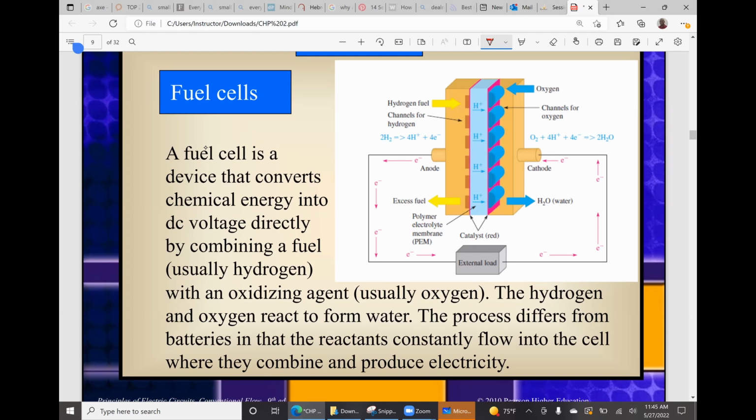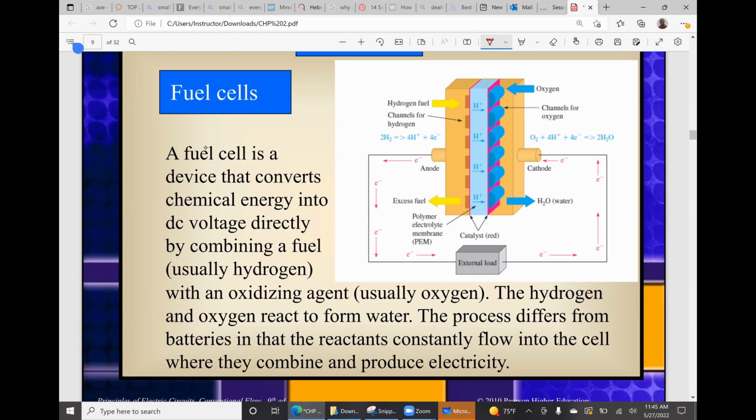So again here, using a fuel, hydrogen, using oxygen, we have that reaction happening, and of course the fuel cell gives off electrons, and as the electrons move, they then can power a load.